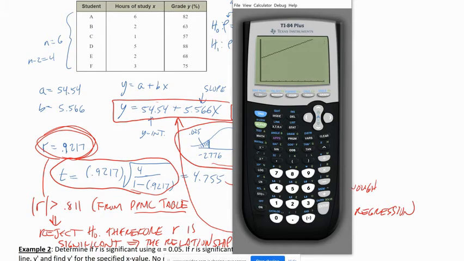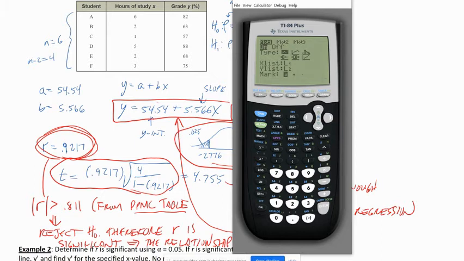Now, what I don't see is the data. To get the data, I go to stat plot, which is second y equals. I want to turn these plots on, so I press enter and turn it on. Notice that it's plotting a scatter plot, that's what the type is. List 1 is L1, the X's are in list 1, the Y's are in list 2. And I'm going to use this little box to mark each point.